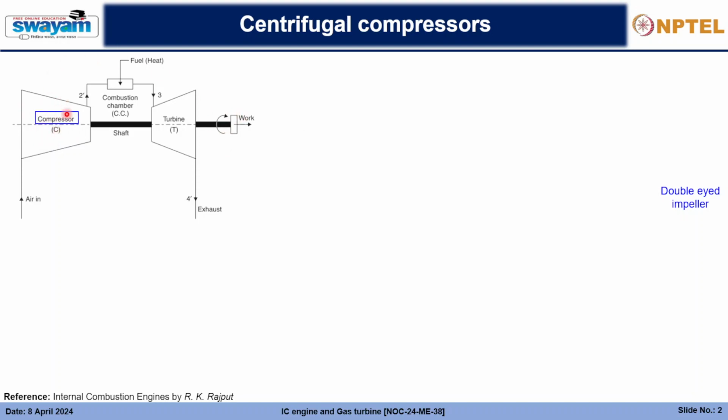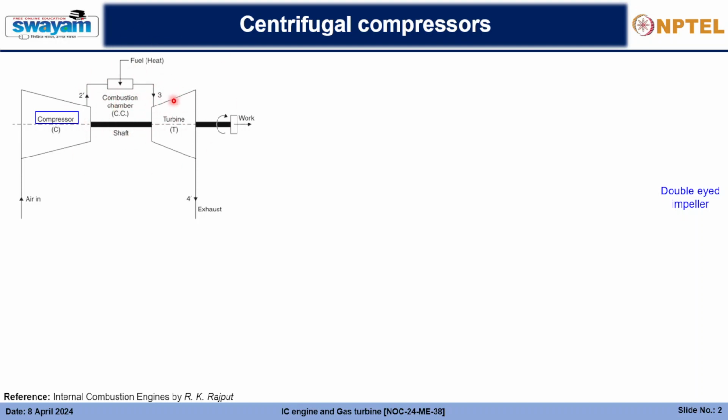So you see the compressor here is used to elevate the pressure of the air coming in, so that at elevated pressure the enthalpy can be increased, and accordingly the whole work can be done.